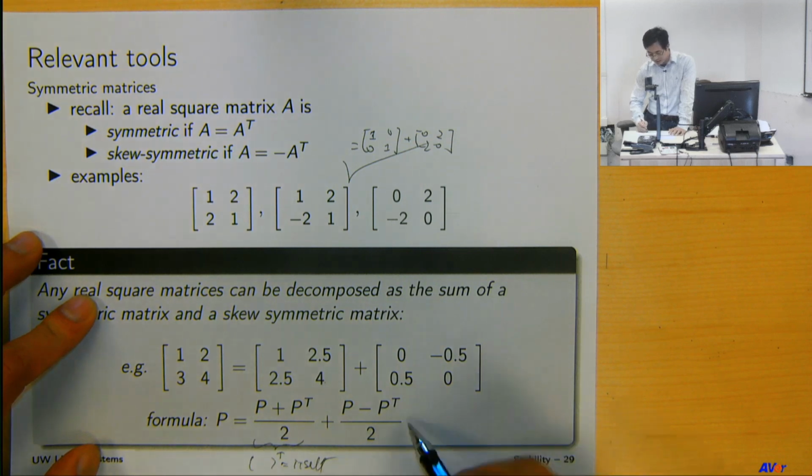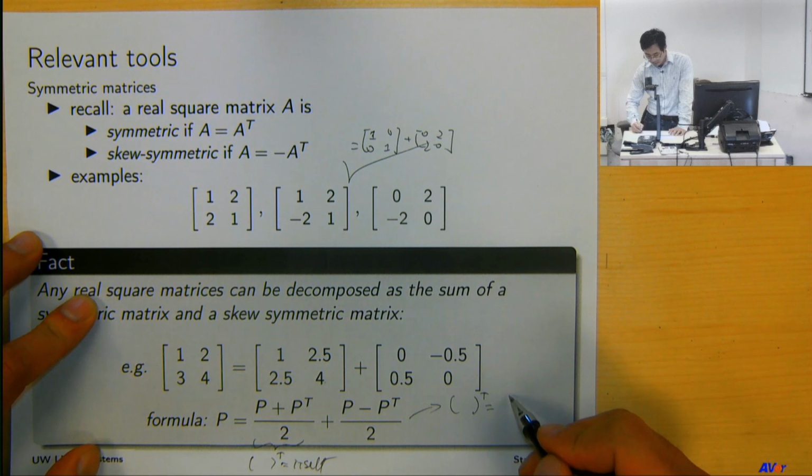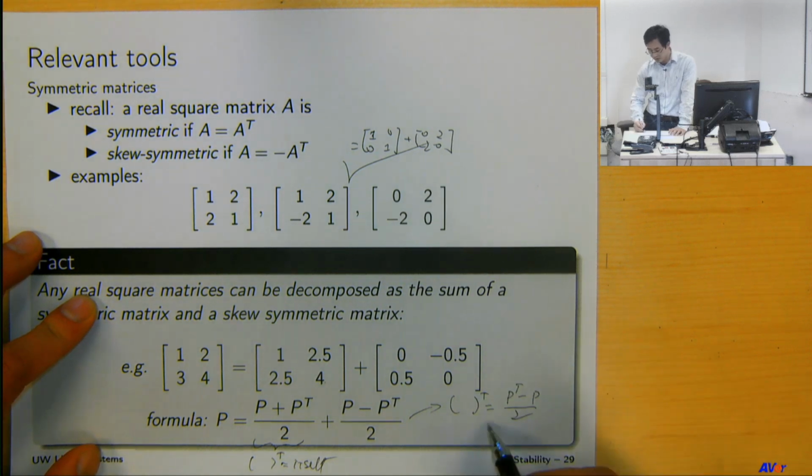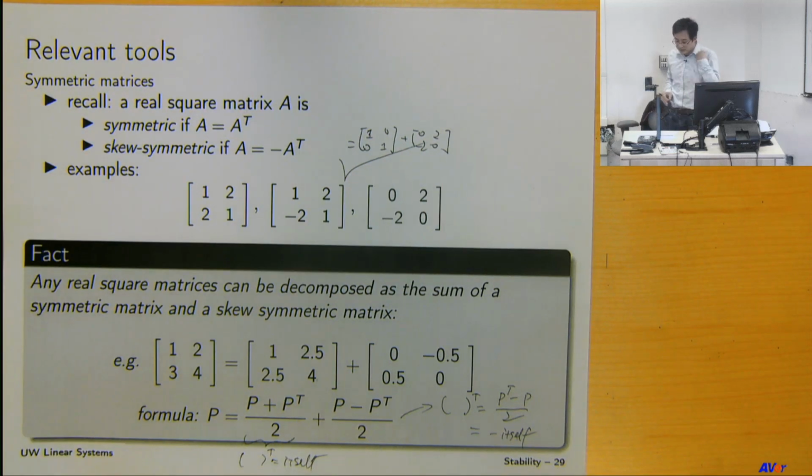For the second one, if you take the transpose, it's P transpose minus P divided by 2, which is the negative of itself. So symmetric matrices are really powerful matrices.